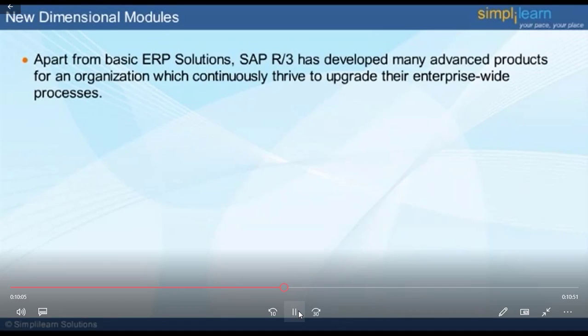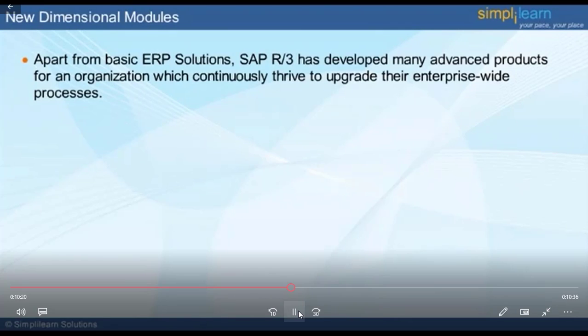Apart from the basic ERP solutions, SAP R3 has developed many advanced products for organizations which continuously thrive to upgrade their enterprise-wide processes.